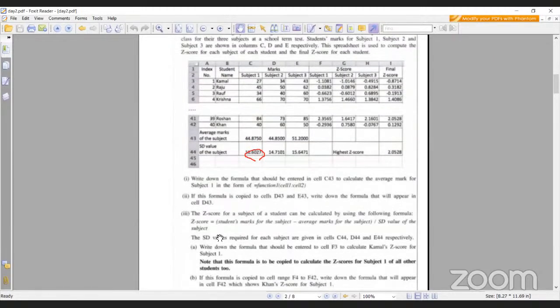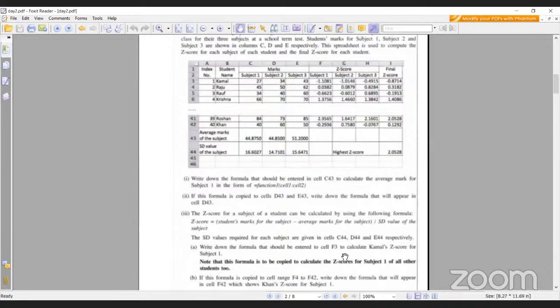Then next one, the Z score for a subject of a student can be calculated by using the following formula. So a formula is given. Student marks for the subject minus average marks for the subject divided by SD value of the subject. The SD value required for each subject is given as C44, D44 and E44 respectively.